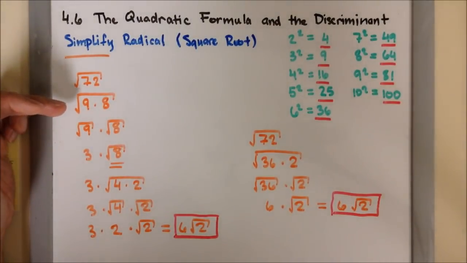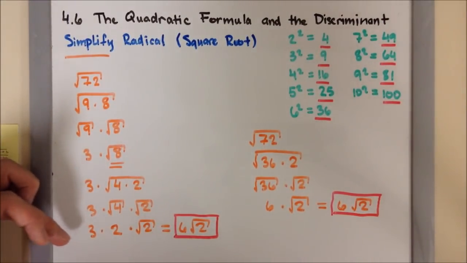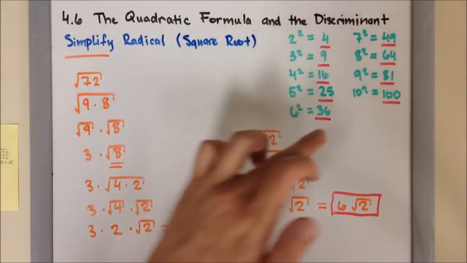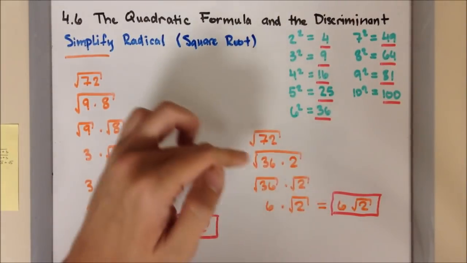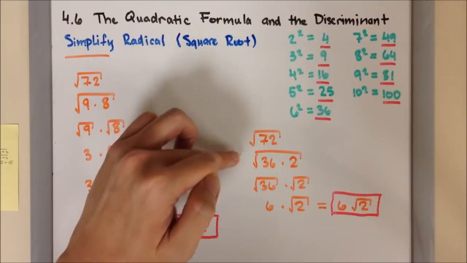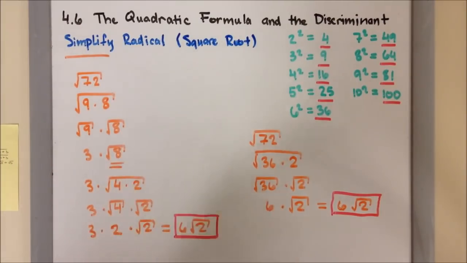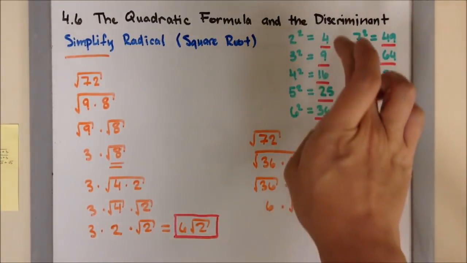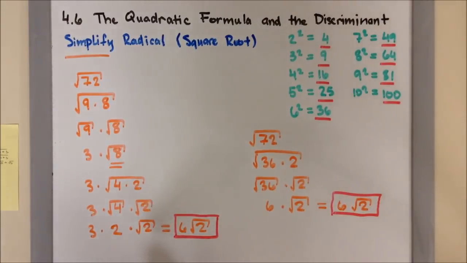So in the previous part, 1, 2, 3, 4, 5, 6 steps. Here, I used a higher perfect square number that was able to go into 72, and I did it in 1, 2, 3 steps. Now, you could use 4, but you're going to do more than 6 steps. If you use 9, you do it in 6 steps.